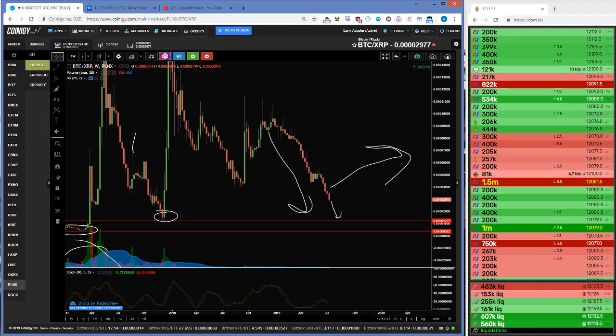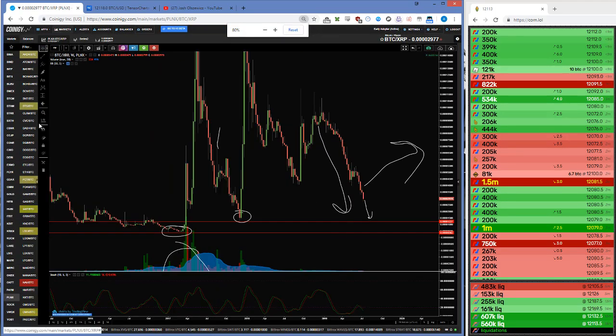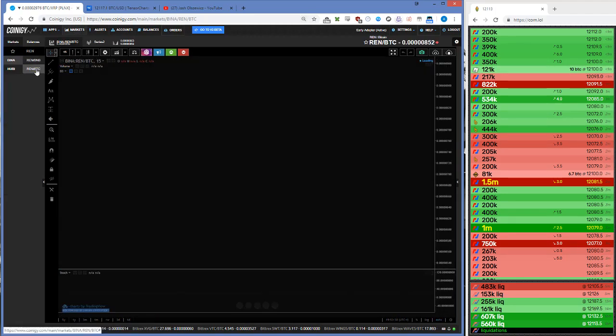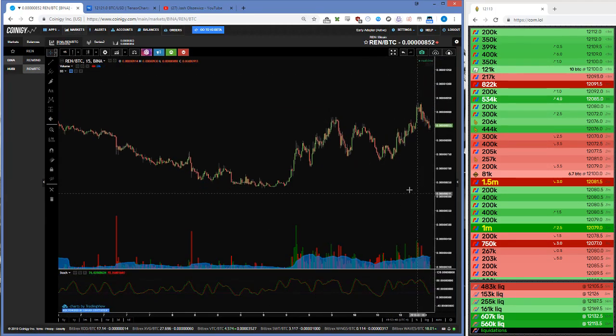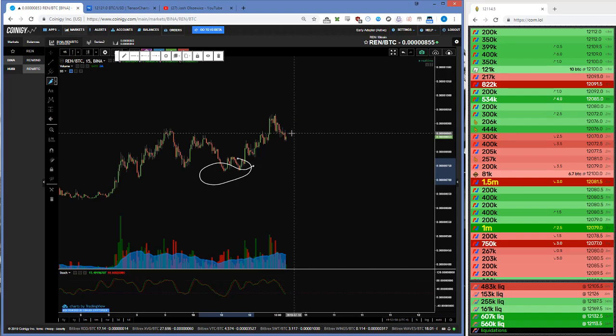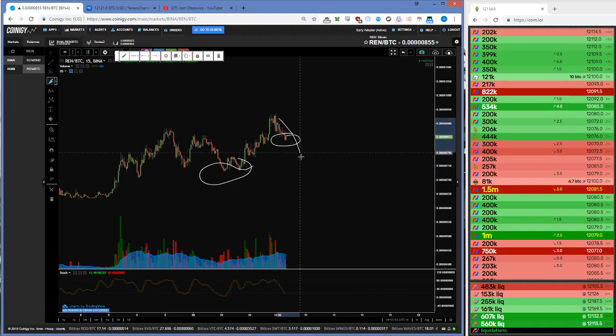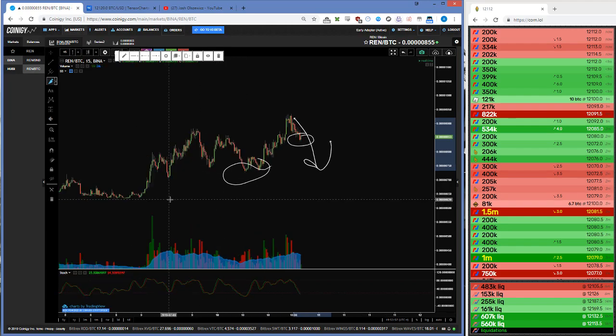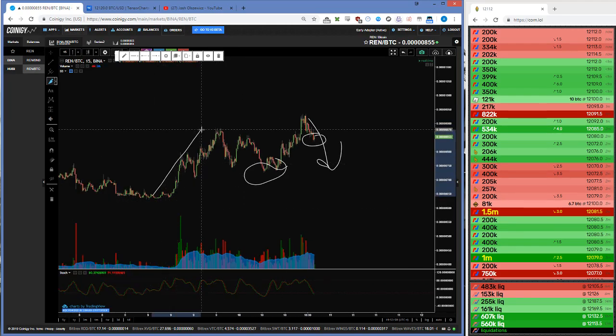The only alts that I see that are bullish is Ren, which was a buy down here. It's not really a buy up here, but if we pull back, maybe you try to buy a dip. This is one of the few alts that just goes up.